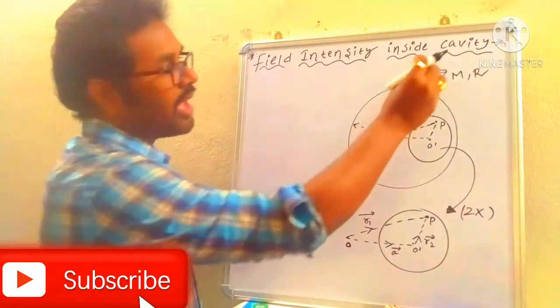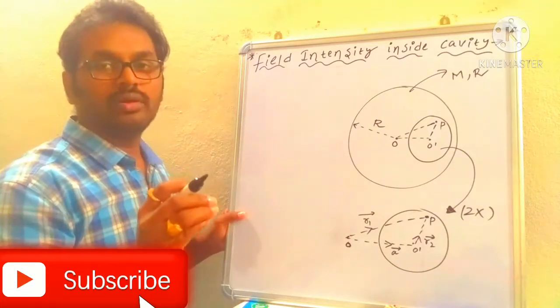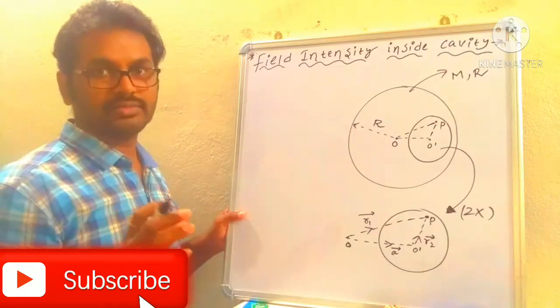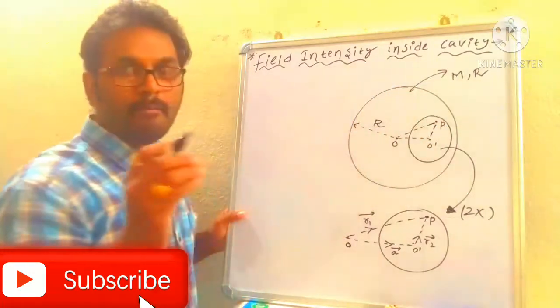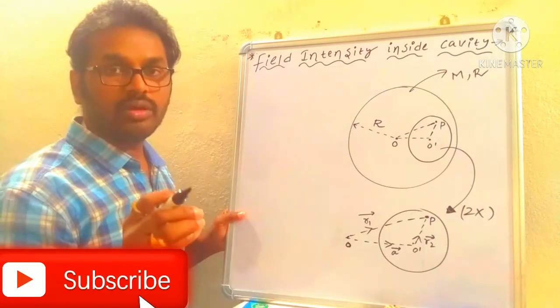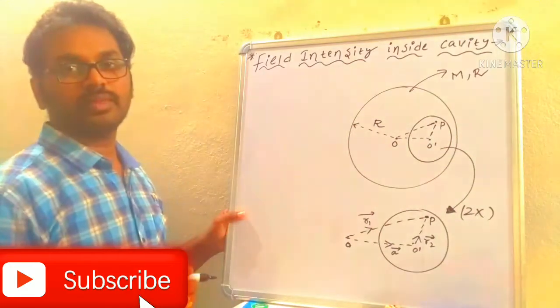You see, M is the mass of the sphere before forming the cavity. Be careful with that point. M is the mass of the entire sphere before removing a certain mass from it.